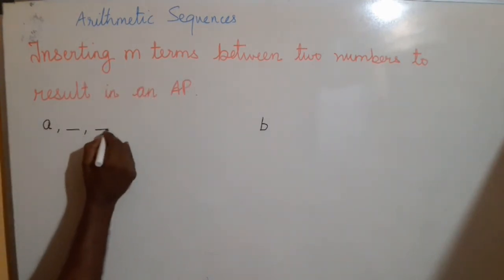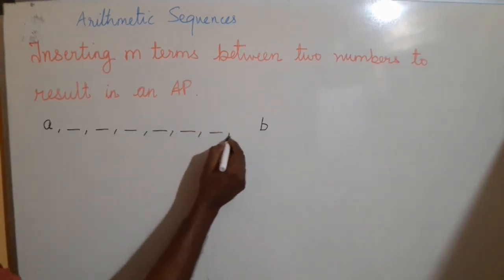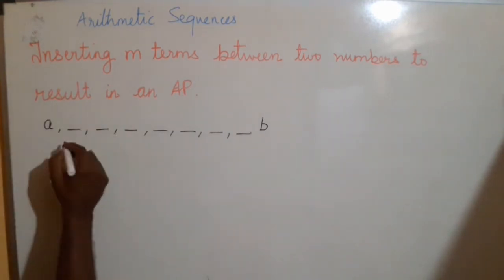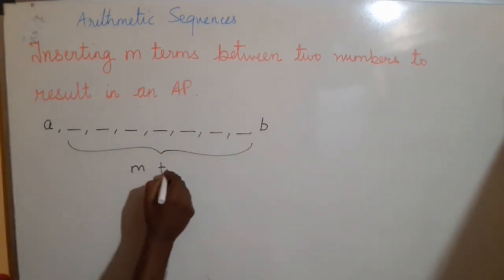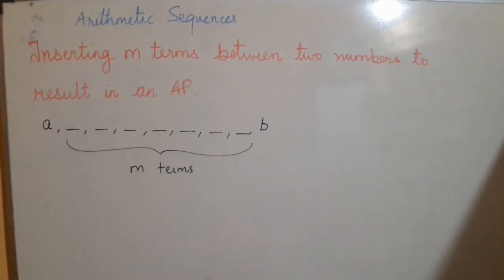So suppose I insert 1, 2, 3, 4, 5, 6 and 7. I am inserting 7 terms between a and b, but it should result in an AP. In our general terms, I want to put m terms between a and b to result in an AP. Now see this example.